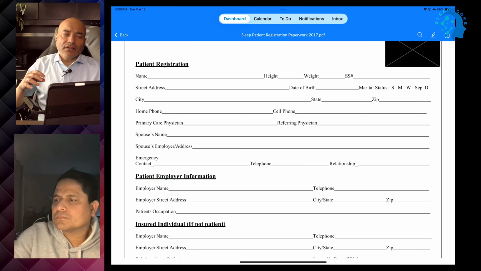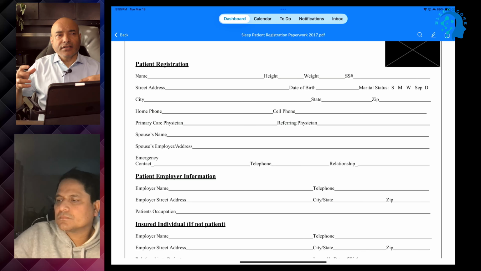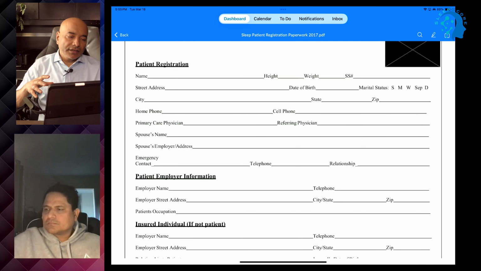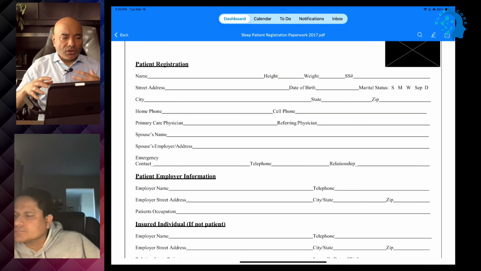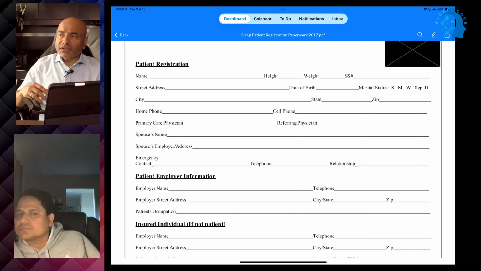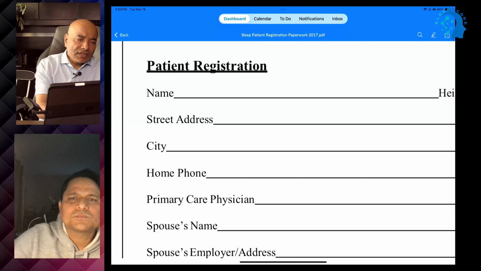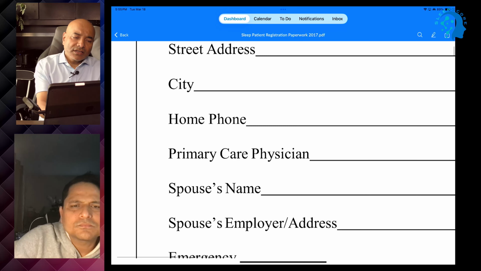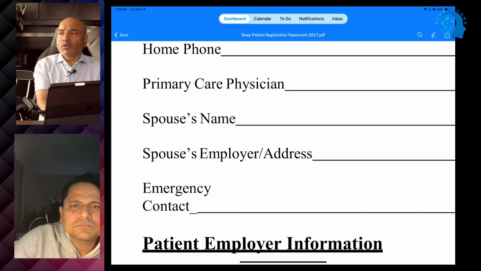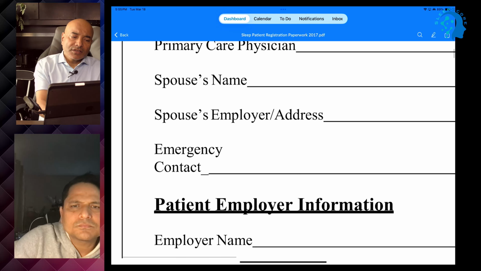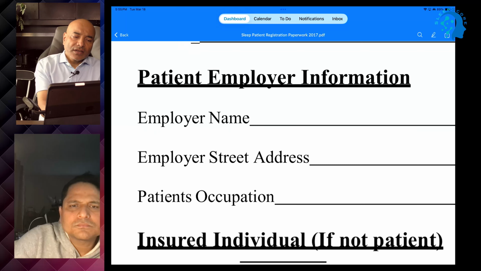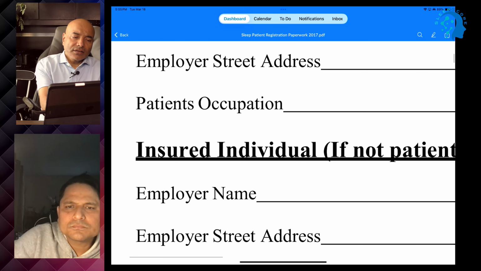Physical means their height, weight, their medical problems, all those things, the present things that are detected or diagnosed. The first thing here you can see is name, date of birth, address, phone number, their primary care physician, spouse name, employee address, emergency contact, employer information.